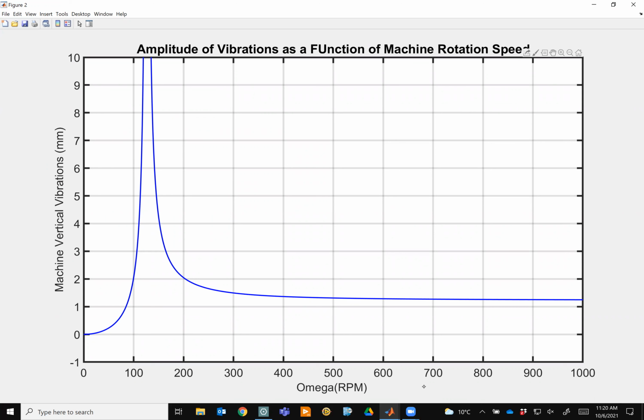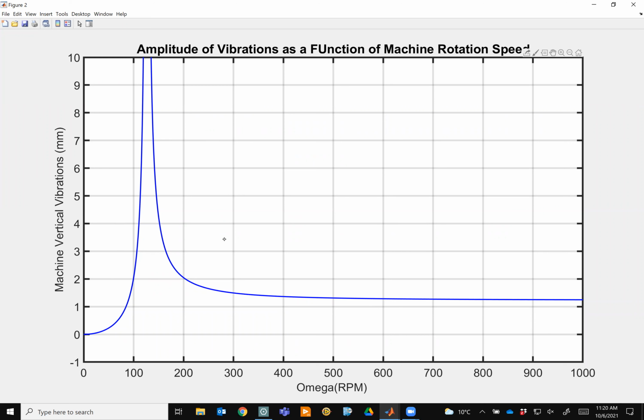X is omega, the rotation speed, and Y is the machine vibration, x(t) that we found. All right. So as you saw before, it starts from 0. Remember, for a rotating system, it starts from 0, goes to infinity at some omega when resonance happens, and then it comes down, eventually gets to 1, right?